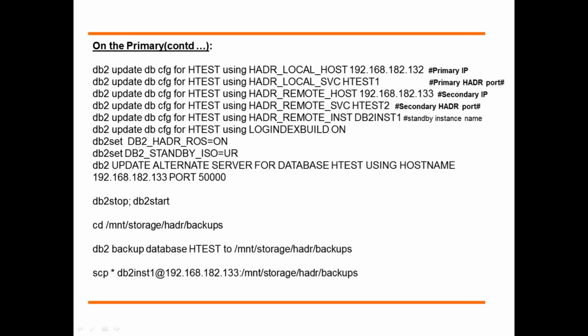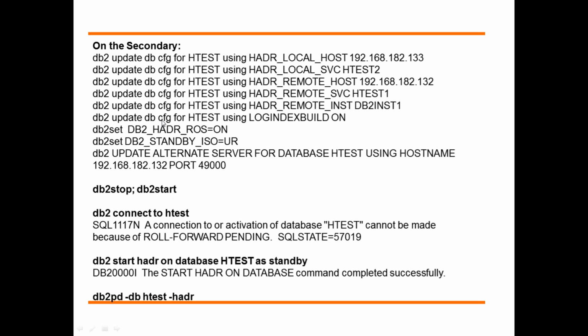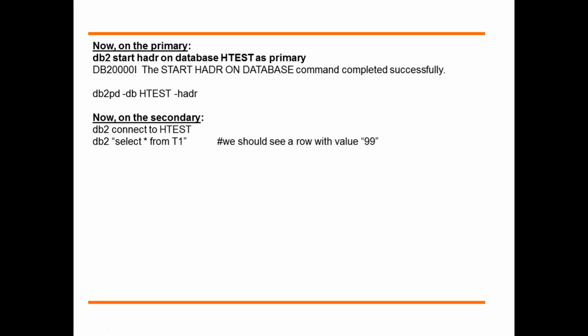Then I'll update some parameters on the primary side. Then I'll take a backup. Then I transfer the backup from the primary side to the secondary side. On the secondary side, I will restore that backup. Then I'll update some parameters on the secondary side. Then I start HADR on the secondary, and then I start it on the primary.